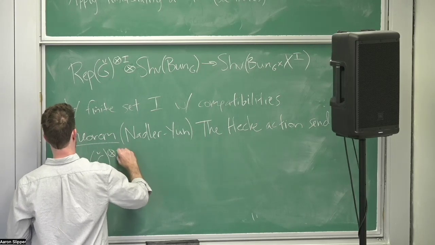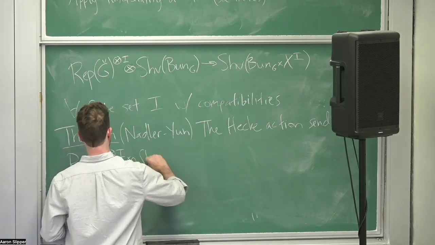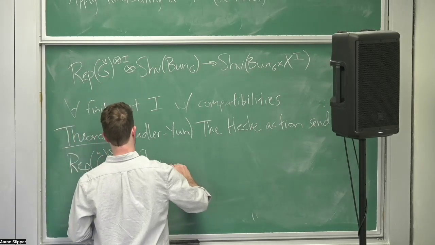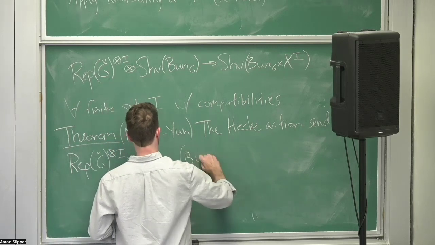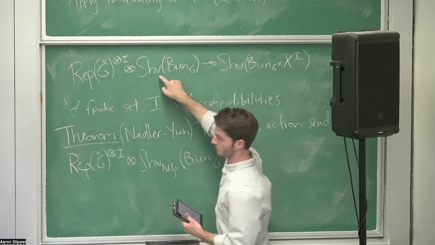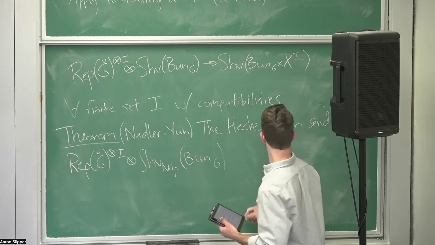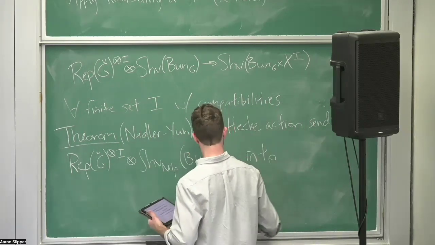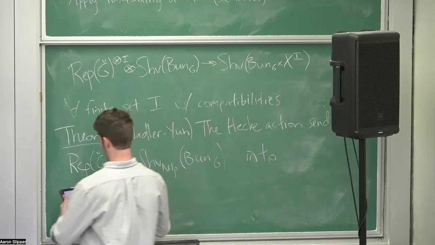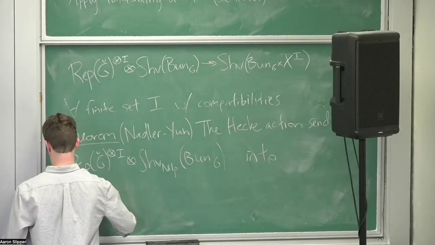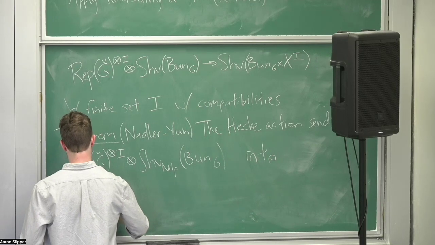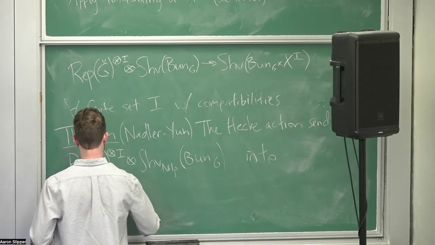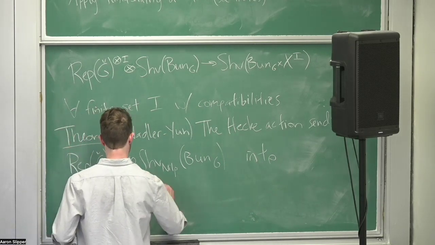So if I take the sheaves with nilpotent singular support, that'll live as a subcategory inside the left-hand side. And it sends this into sheaves with nilpotent singular support tensor.